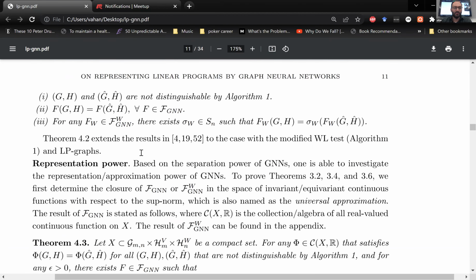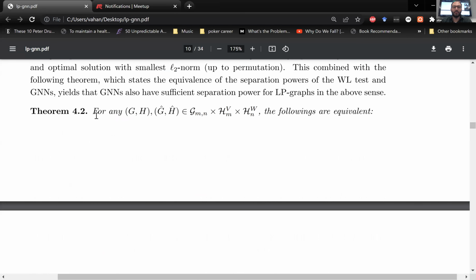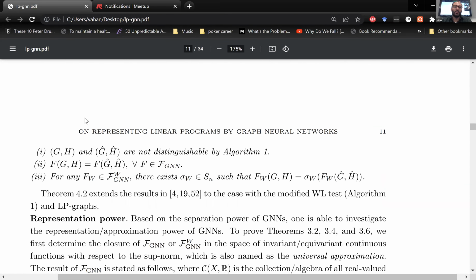Let me check if I missed anything important here. Yeah, so again, this other theorem says that given two graphs with their features, the following three things are equivalent, right? They're both not distinguishable by the WL test.